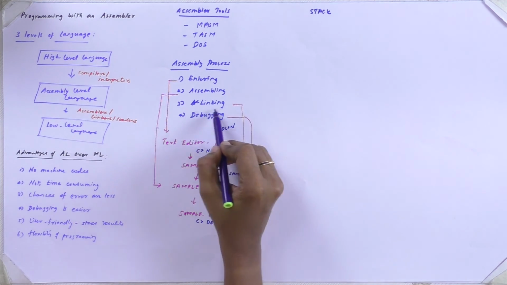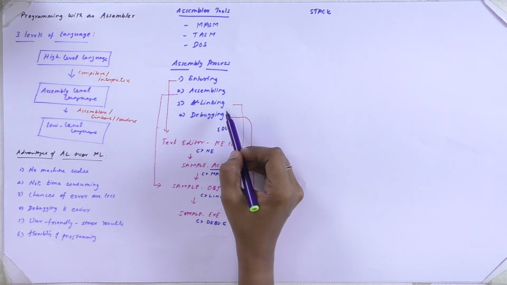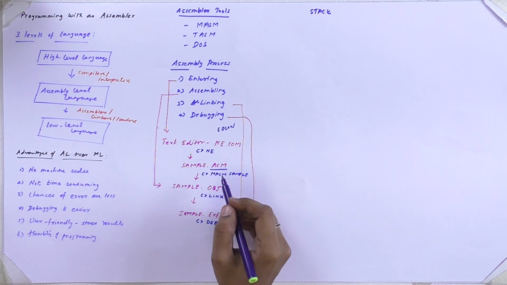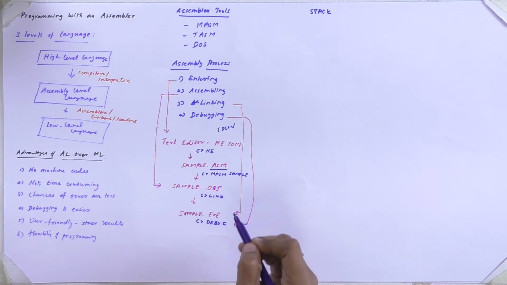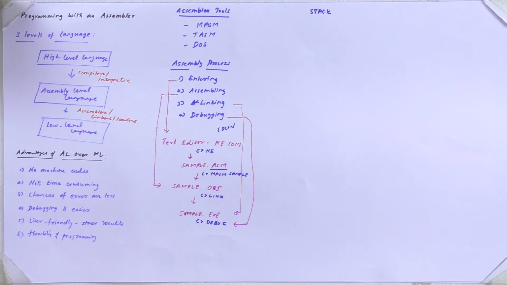The third process is the linking process. It takes the sample.obj file as input and produces the sample.exe file as output.